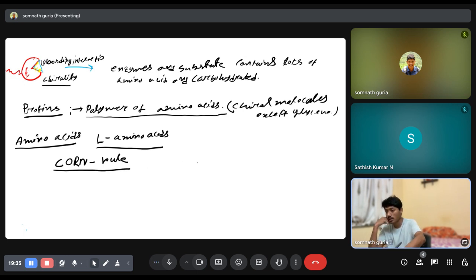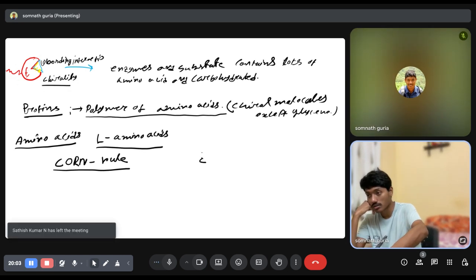We have the orientation of the amino acid such that the COOH group followed by the R group and so on, the rotation of COR and N in particular will be anticlockwise, then it will be L. So now coming to it in a particular way, this will be the COOH.